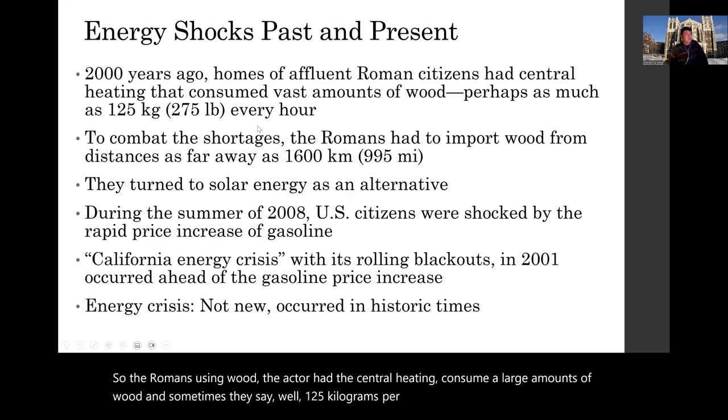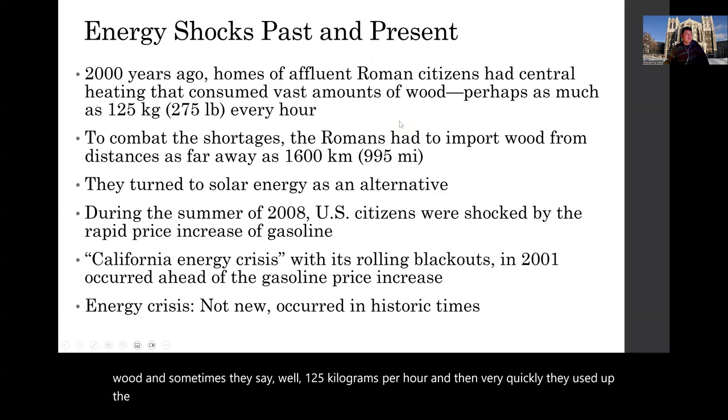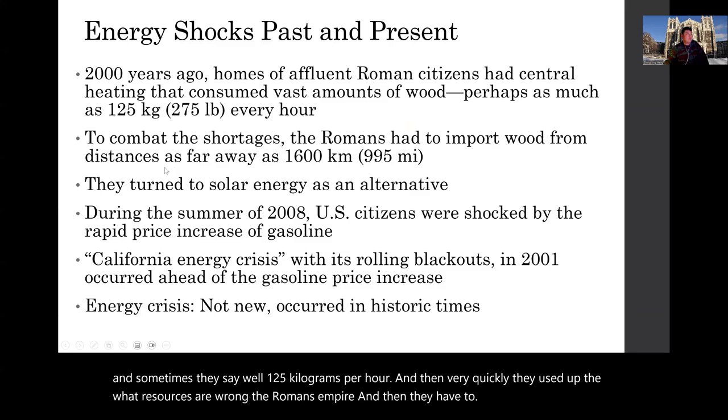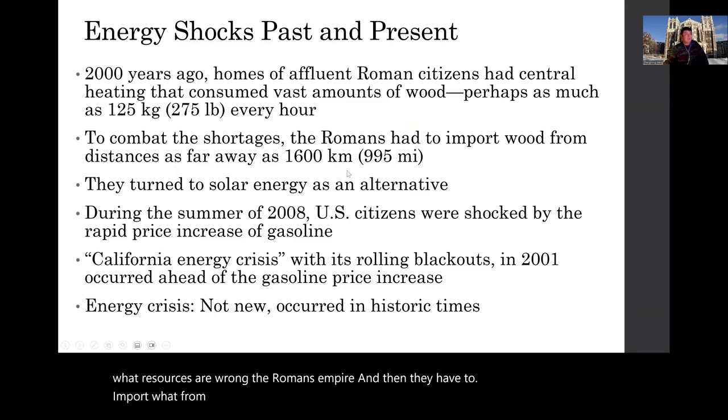Very quickly they used up the wood resources around the Roman Empire, and they had to import wood from far away, about 1,000 miles, 1,600 kilometers away, and this could also be used up.